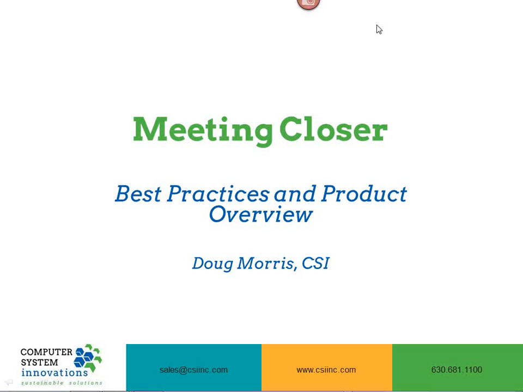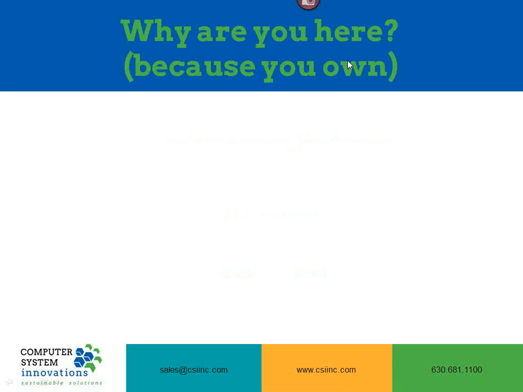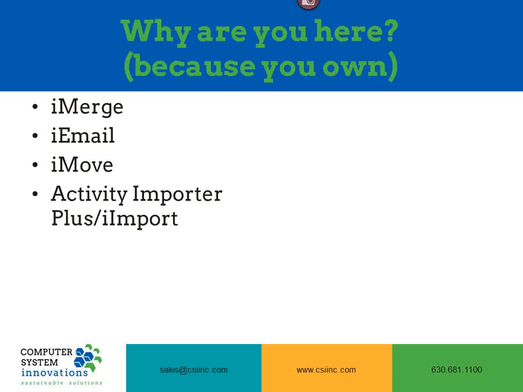What I thought we would start out is talk a little bit about why you're here. You are probably here because you own one of our products, whether it be our duplicate merge tool, iMerge, our Outlook integration with iMIS, iEmail. Probably no one here knows iMove since it's a US-only tool.